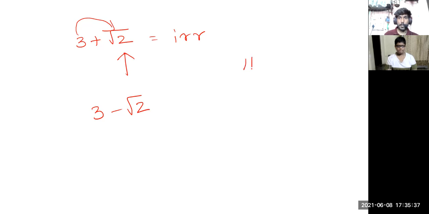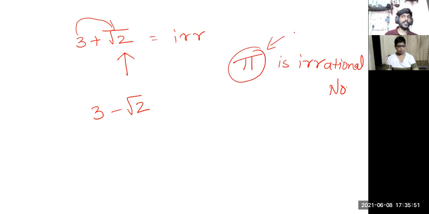One more thing. Pi is an irrational number. Okay, this is a very important statement. Pi is an irrational number, that means pi cannot be written in the form of P by Q. But now since I'm saying pi is an irrational number, what about this then?